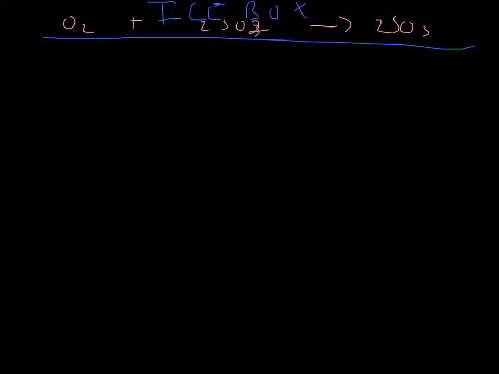Alright. As we know, I is initial, C is change, E is equilibrium. So let's say originally, like I said before, we have 0.2 oxygen. Say 0.2 moles, or molarity, which is moles per liter, 0.2 moles per liter oxygen.